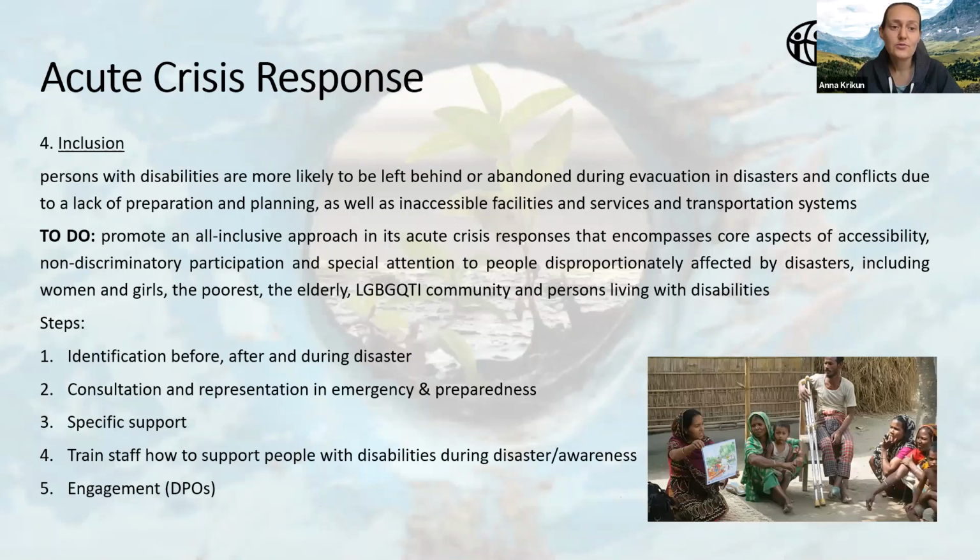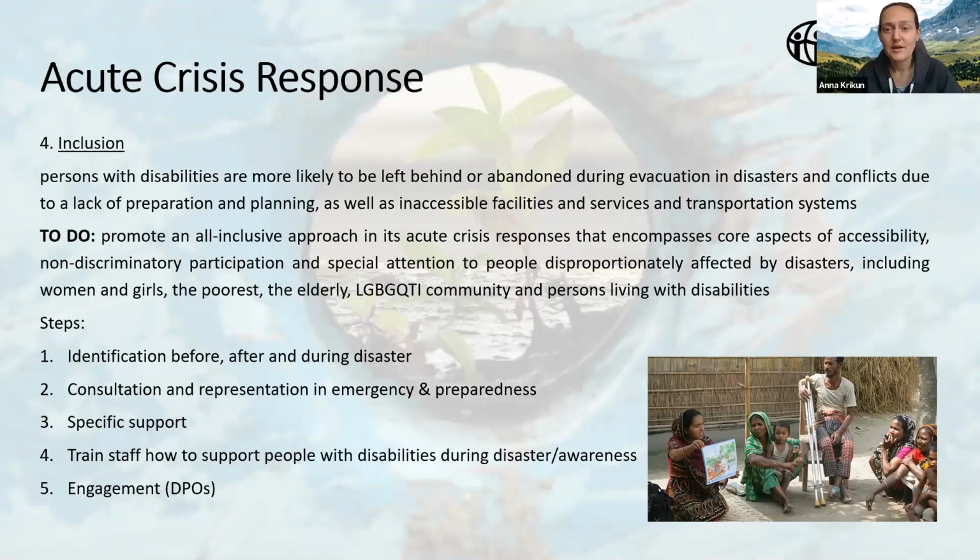Another one is inclusion, and we all know that inclusion is important because there are different types of people in the community. This example is specifically related to people with disabilities, but we are looking at all different kinds of inclusion: disabled people, women, girls, the poorest, the elderly, LGBT people, and again, persons with disabilities.